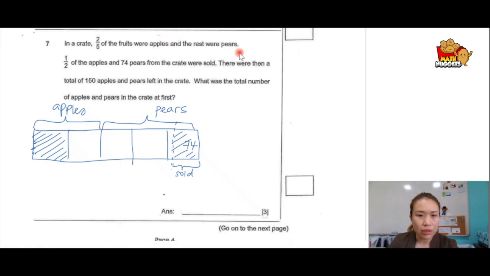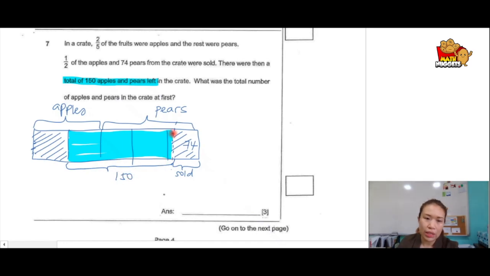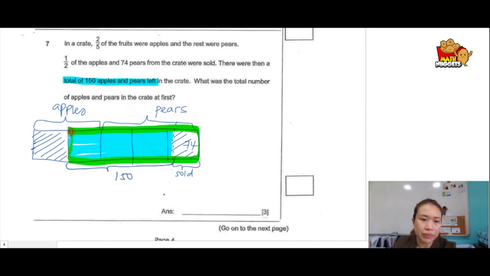They tell us that there were a total of 150 apples and pears left. So this is the leftover, and this makes up 150. From the model, I can tell that 150 together with 74, which is here, will give me 4 units, isn't it?